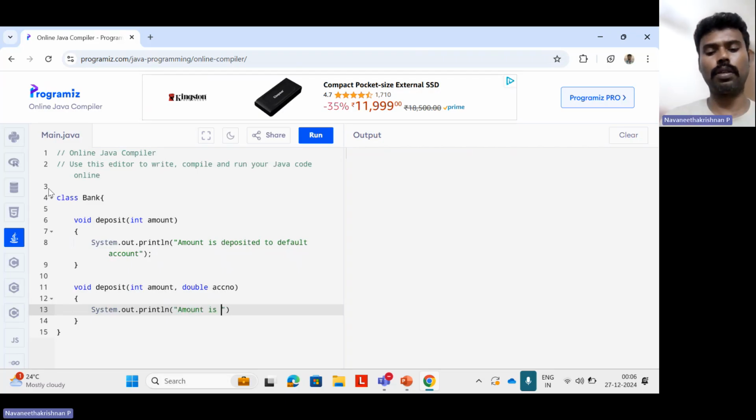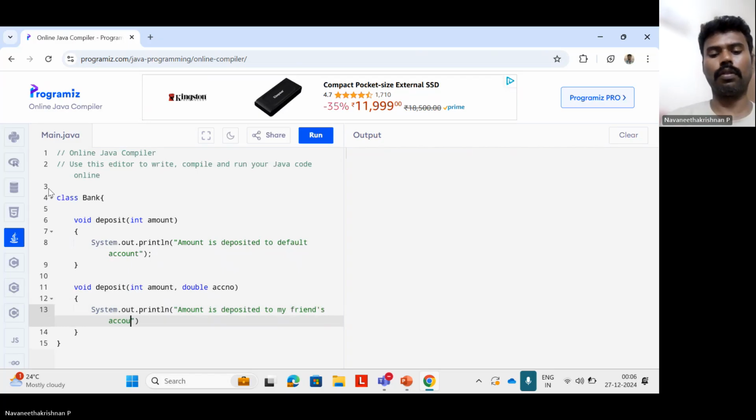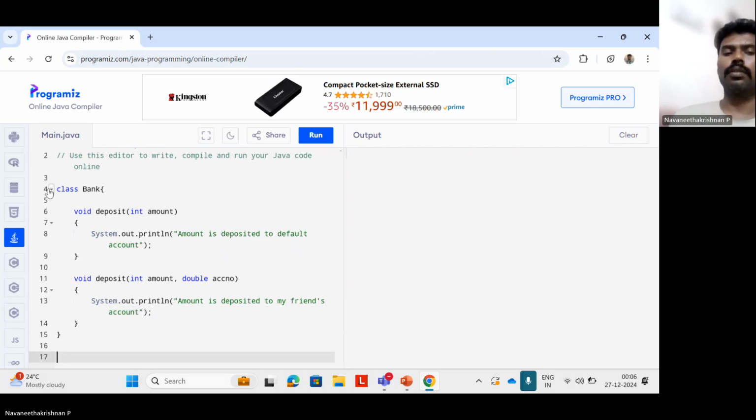Now this amount is deposited to my friend's account. So in the class bank, one of the functionalities is deposit, and the deposit method is overloaded.